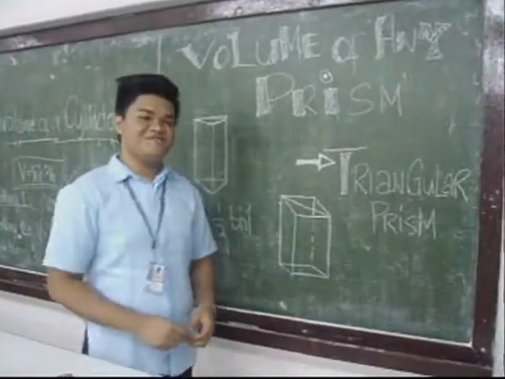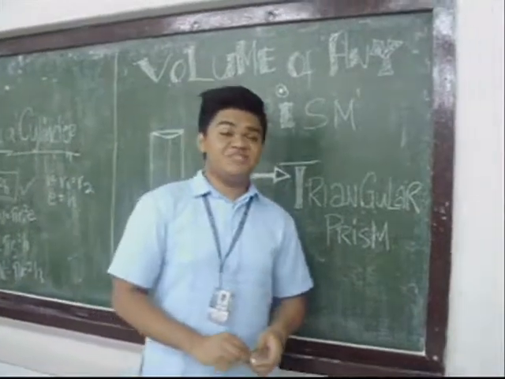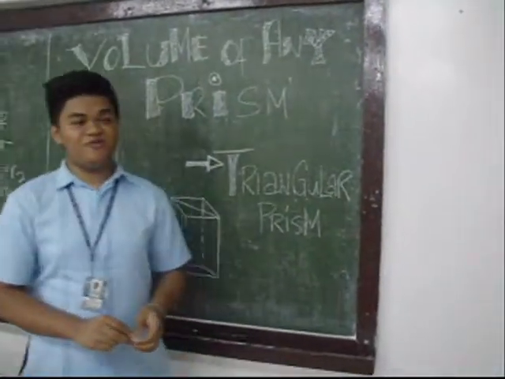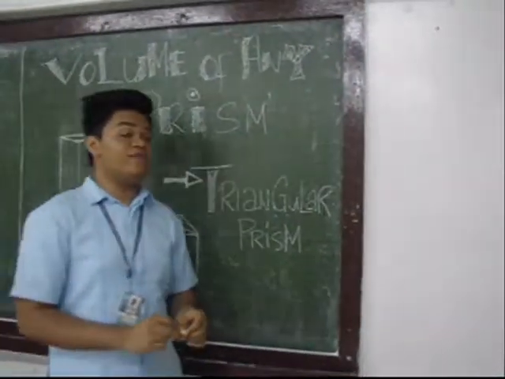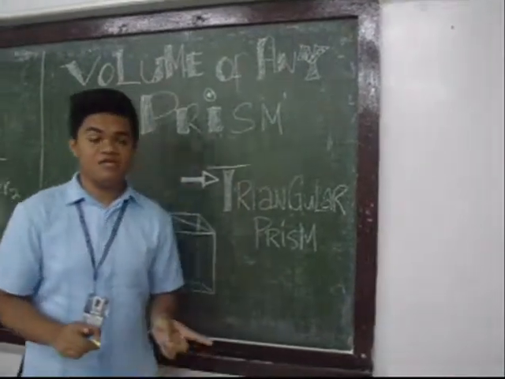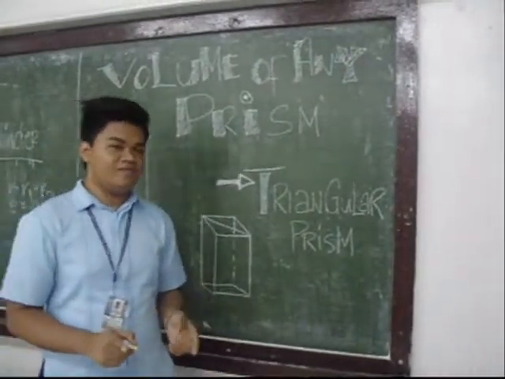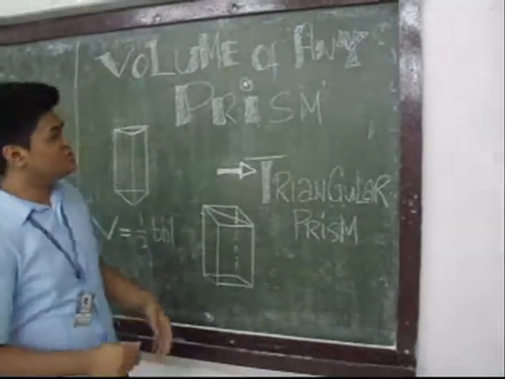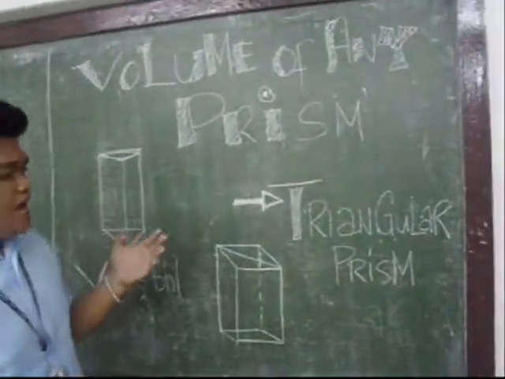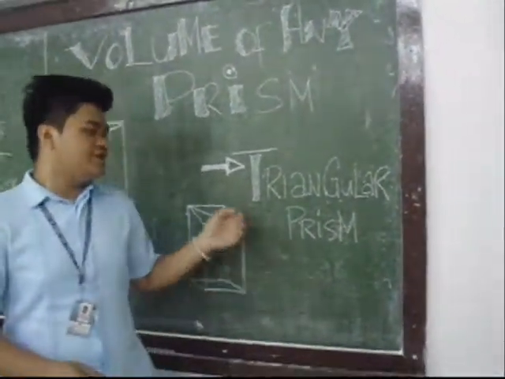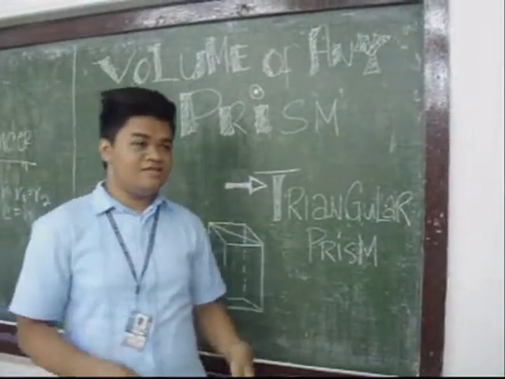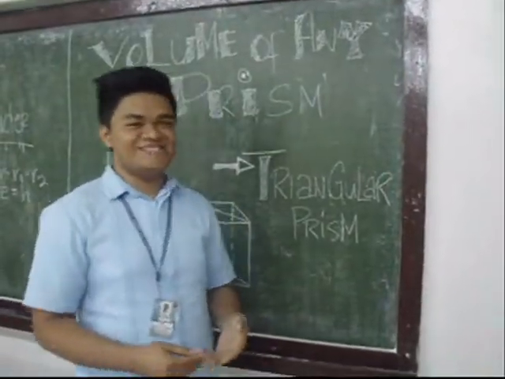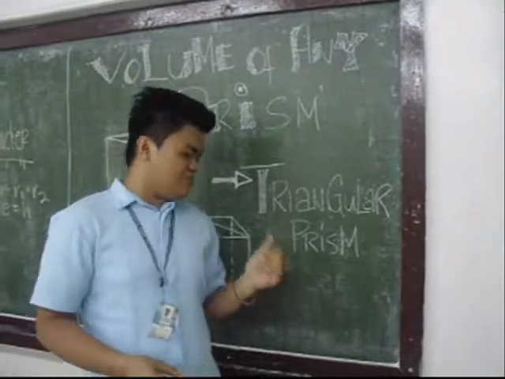Good day, students. Our discussion for today is about volume. So when we're talking about volume, it tells about how many cubes are there in a figure. Since our topic is how to get the volume of a triangular prism, and teacher Kirk told us already about what is prism.